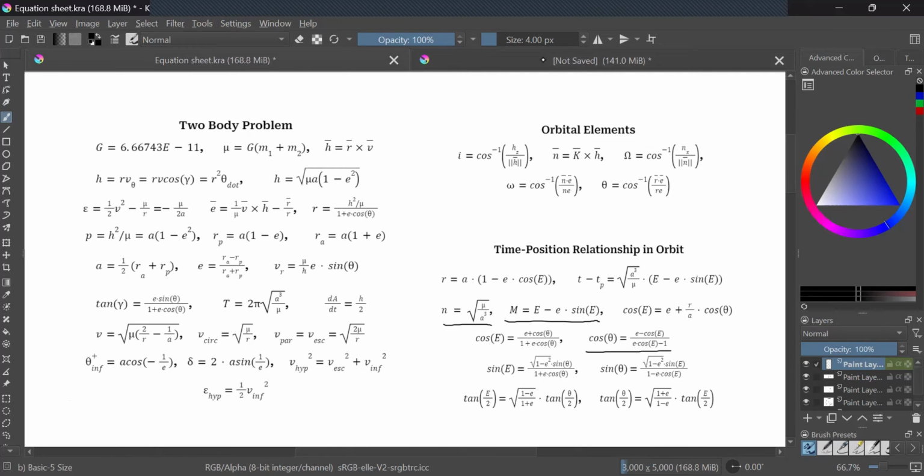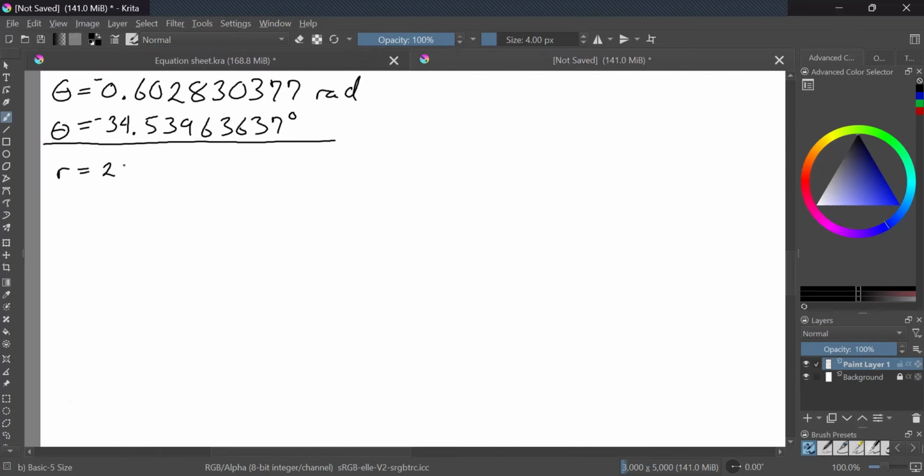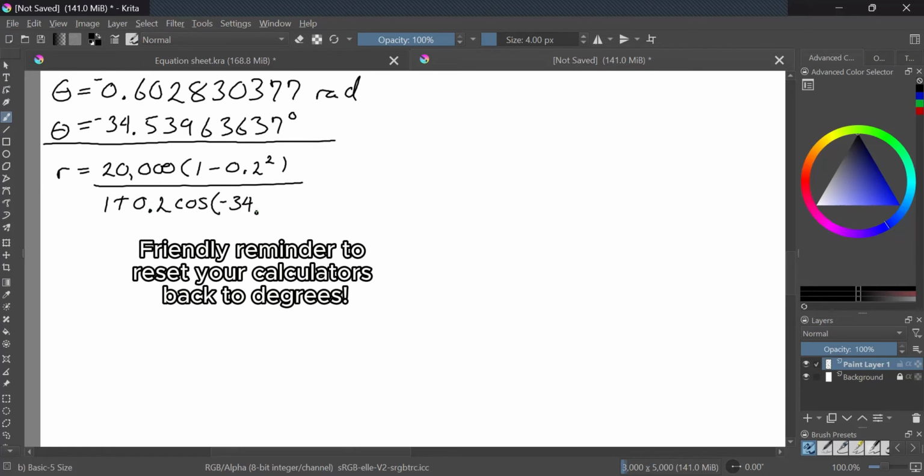So I will use that. 20,000 times 1 minus 0.2 squared over 1 plus 0.2 times the cosine of minus 34.53963637 degrees.